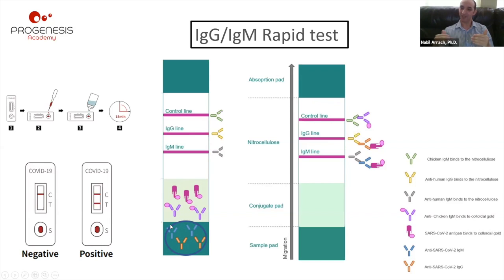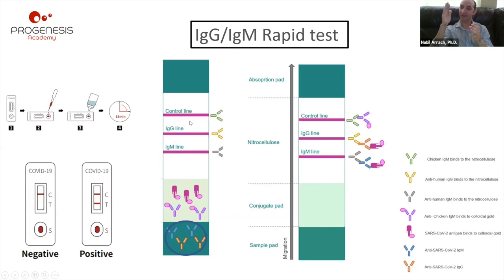And then because it has some pads, the pads will absorb the material, and the material will start moving through the membrane till it hits the conjugated antibody for IgM or IgG located here.